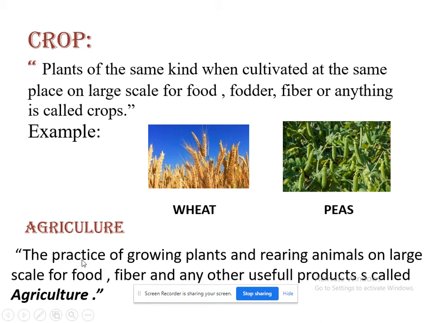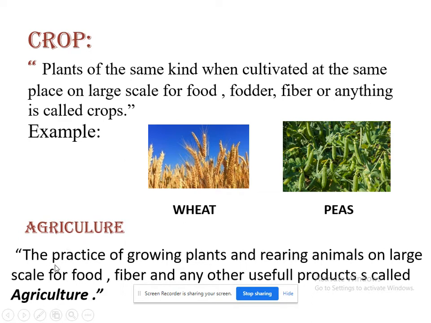Next, what is meant by agriculture? Agriculture is nothing but the practice of growing plants and rearing animals on a large scale for food, fiber, and any other useful products. That is called agriculture. Crops means we are growing or cultivating the same kind of plants on a large scale. For example, wheat is a crop, peas is also a crop.